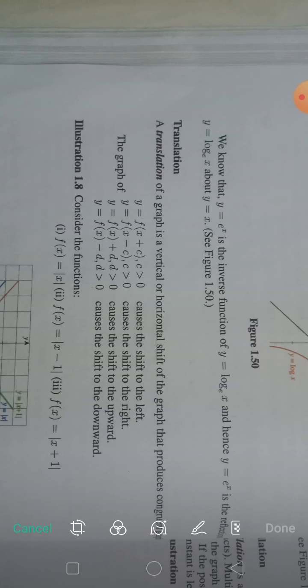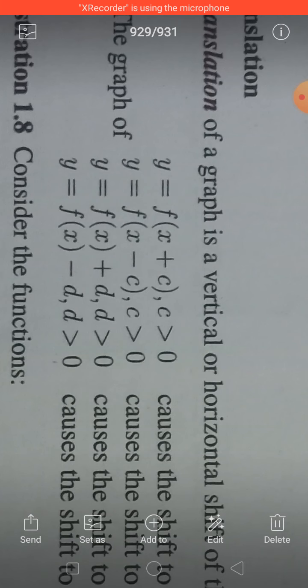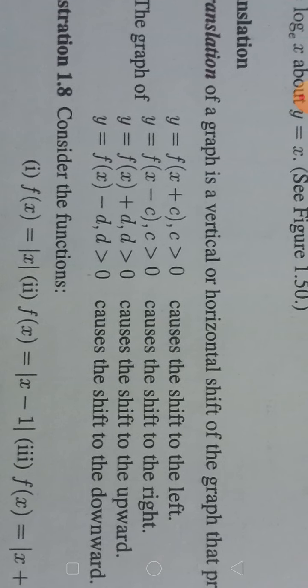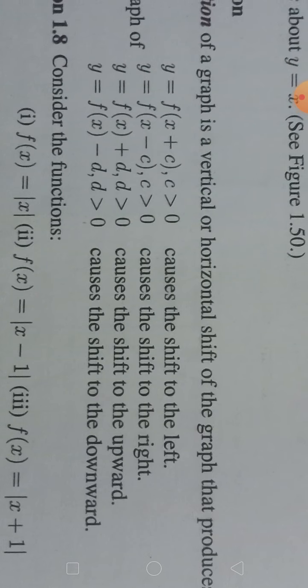So the second condition is similar to our problem, and that is the first step: cause the shift to the right.